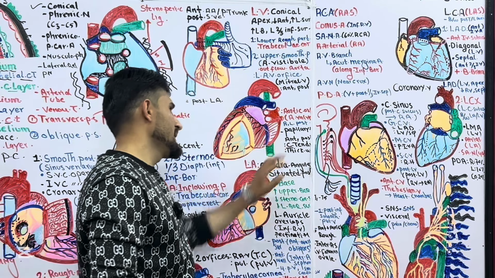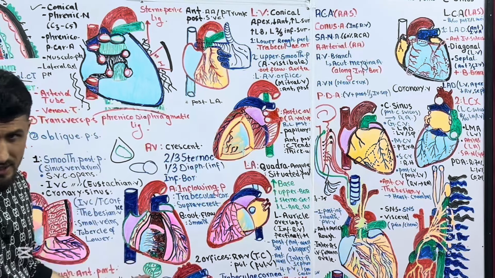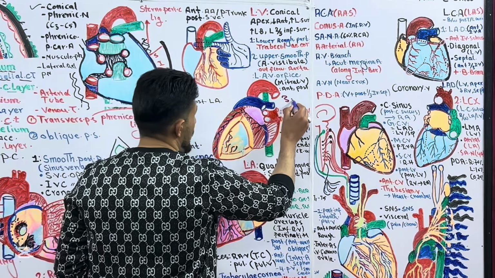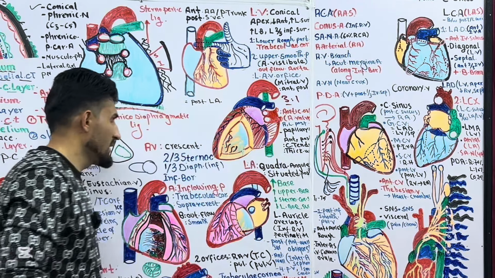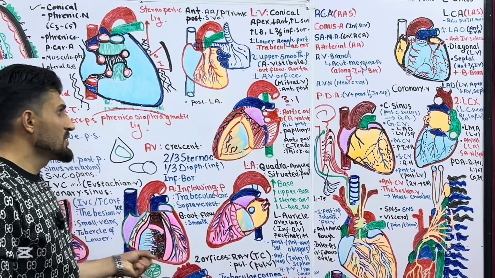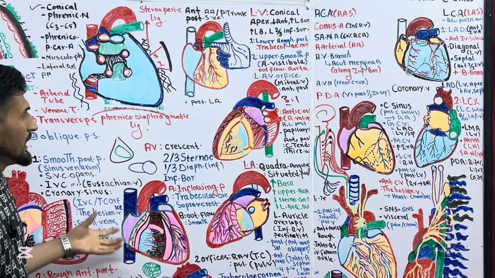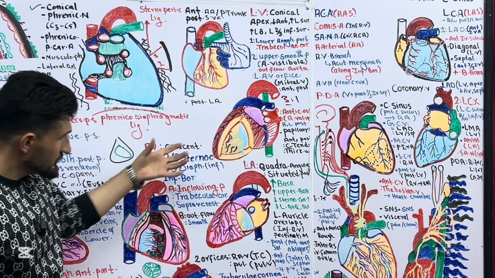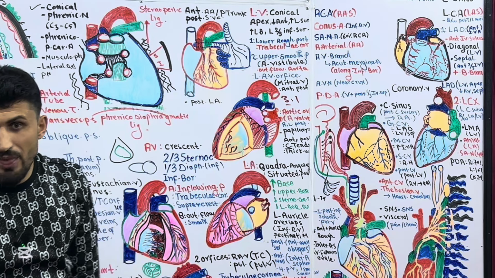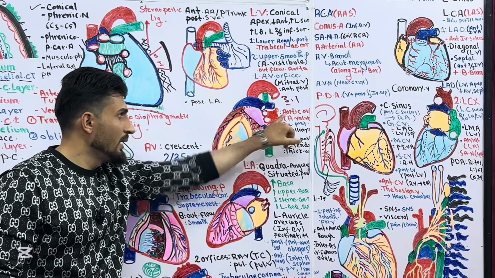An important point: the left ventricle is thicker than the right ventricle, and the ratio is 3:1, because it generates high blood pressure. The blood pressure here is around 120 millimeters of mercury, and it pumps blood through the aorta all over the body.